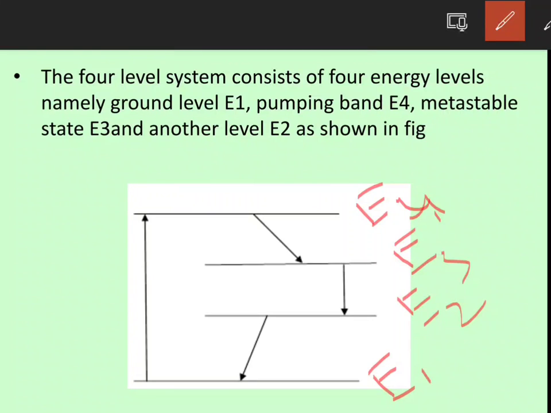So here E1 is the ground level, and the pumping is from E1 to E4. Here E3 is called the metastable state, and E2 is another level. Now, how is the pumping level system working? Let us discuss that.